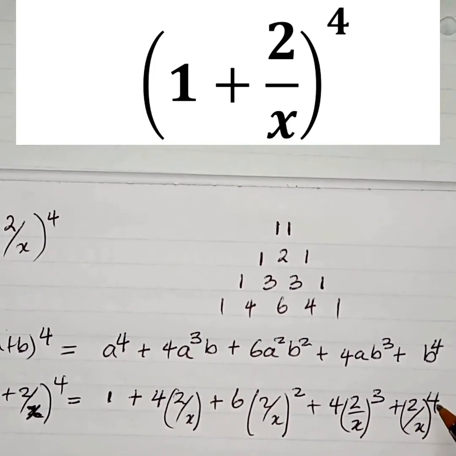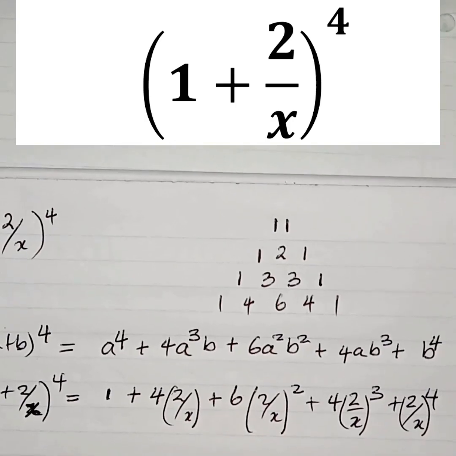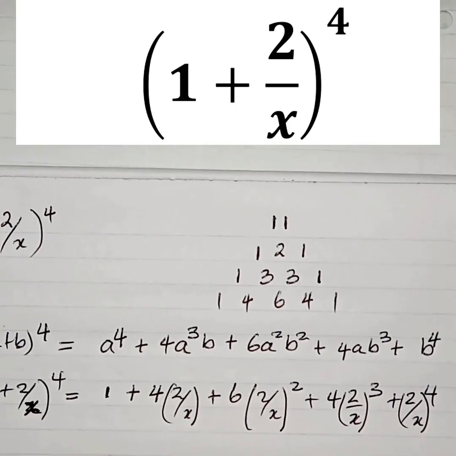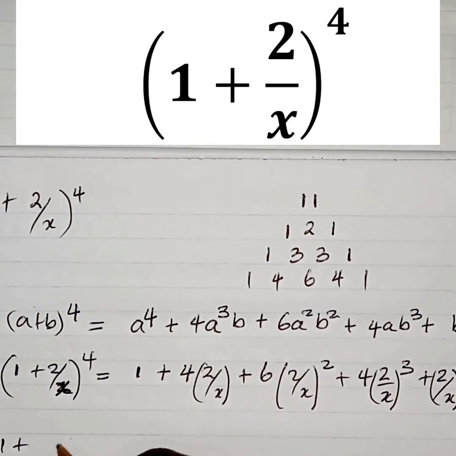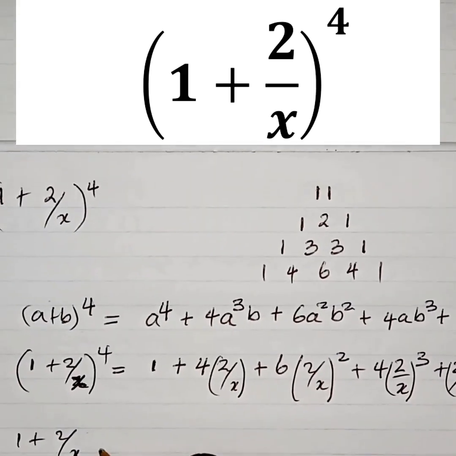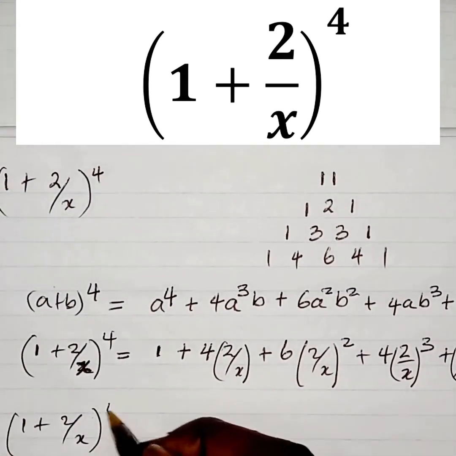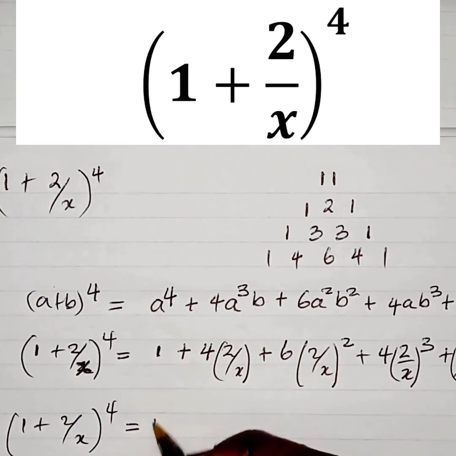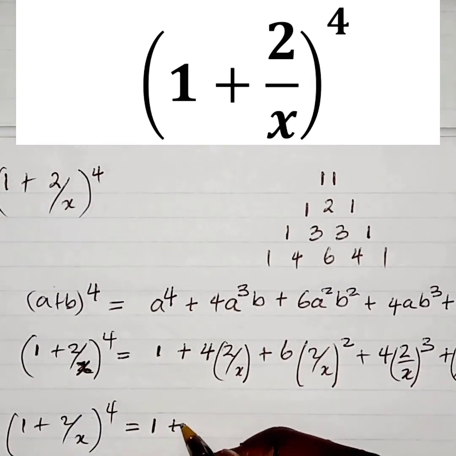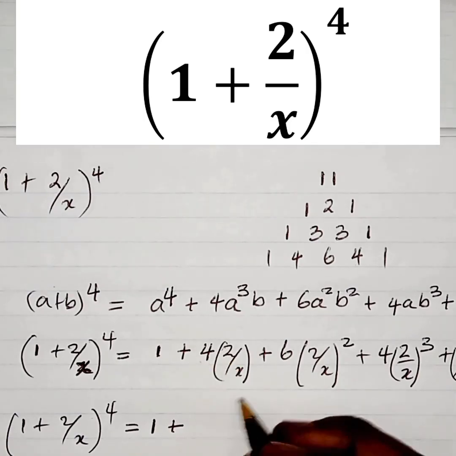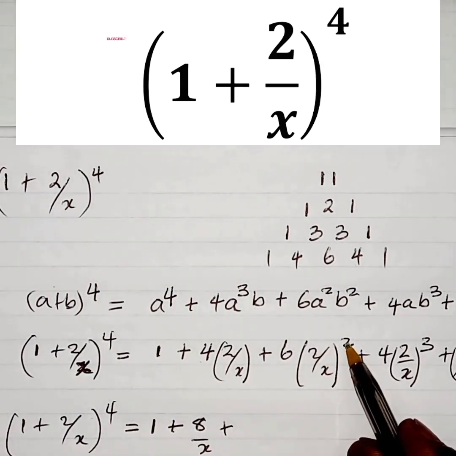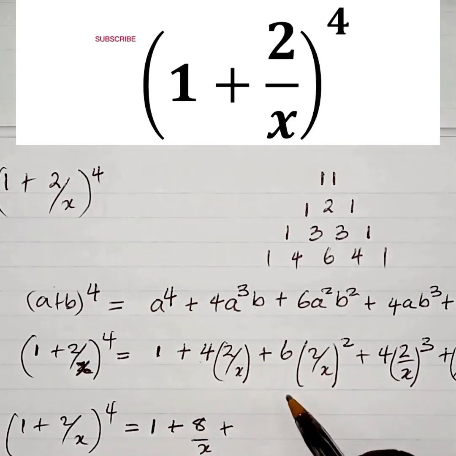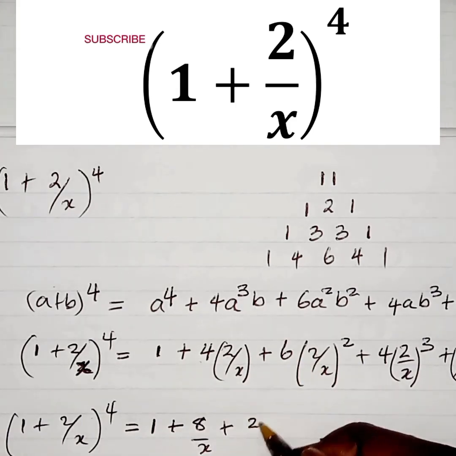Now we are going to simplify further that equation. We are going to say now (1 + 2 over x) to the power of 4 is equal to 1 plus 4 times 2, that's going to be 8 over x, plus 2 squared, that's 4, times 6, that's 24.